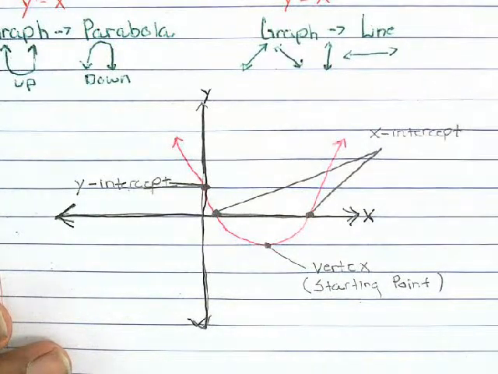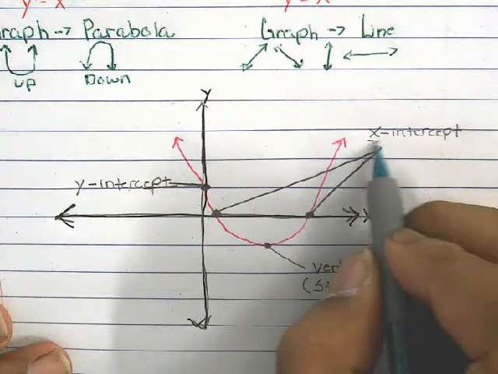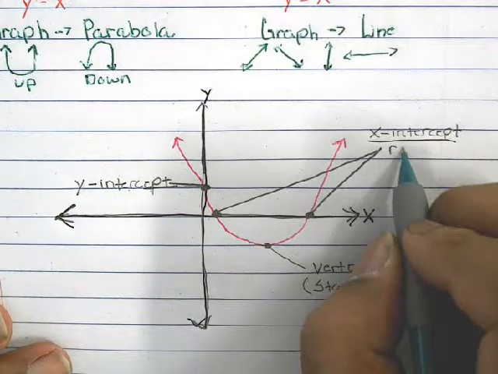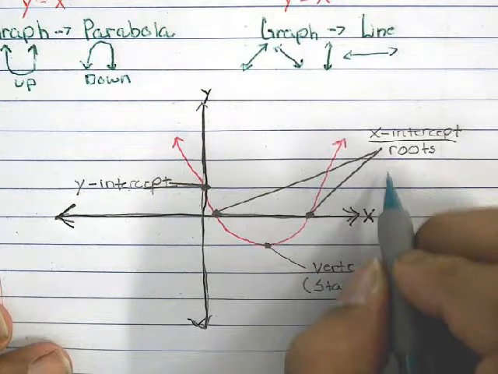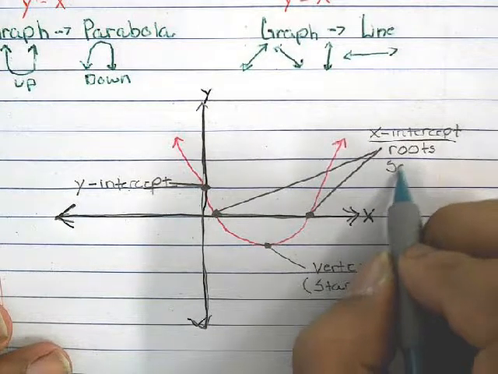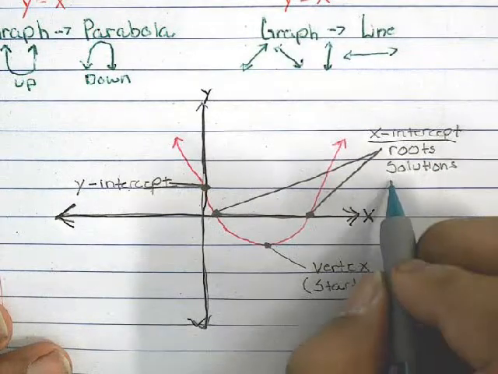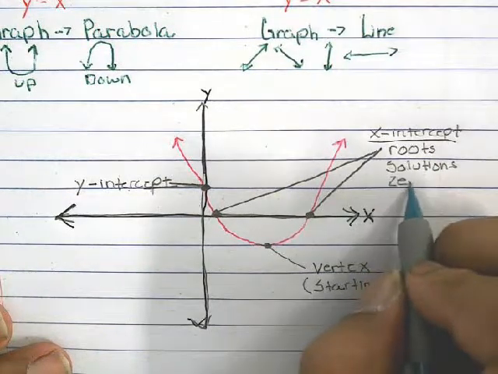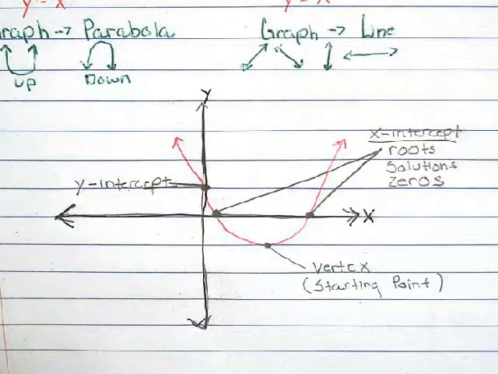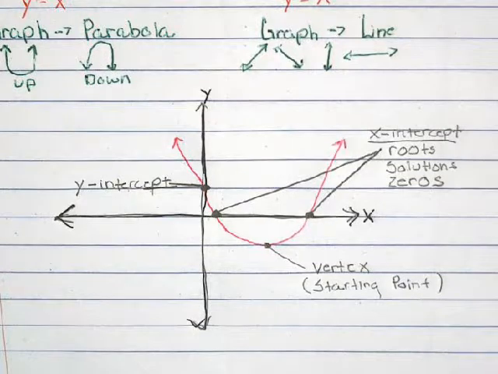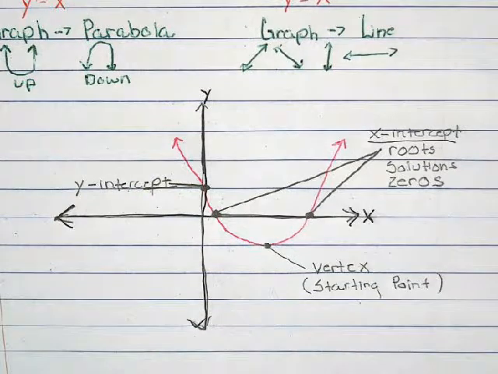Now, there's 3 other names you need to know. Roots, which is relatively new, solutions, or zeros. Roots, solutions, or zeros. And you will have to know all of those.